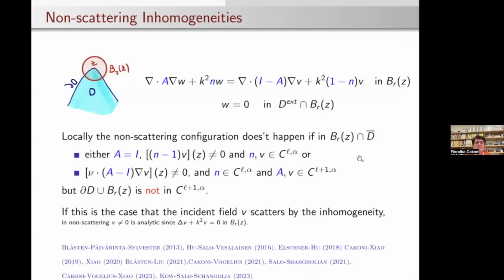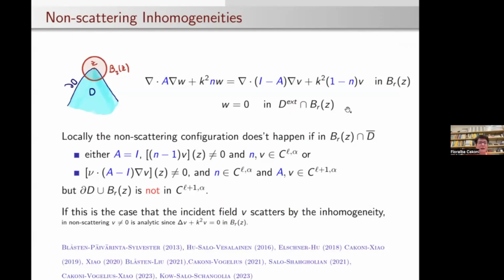Okay, so basically, as people say in this free boundary regularity business, we can say about existence or non-existence of non-scattering wave numbers. So actually, the results are about non-existence of non-scattering wave numbers.